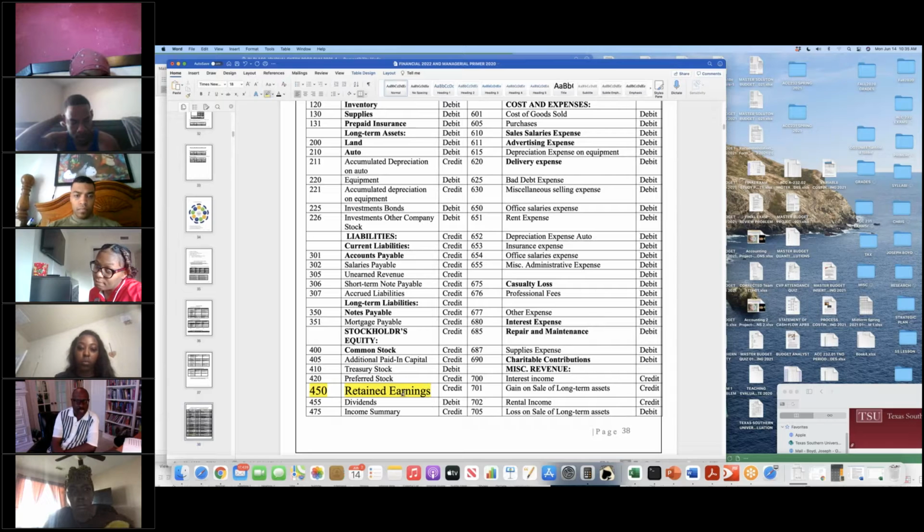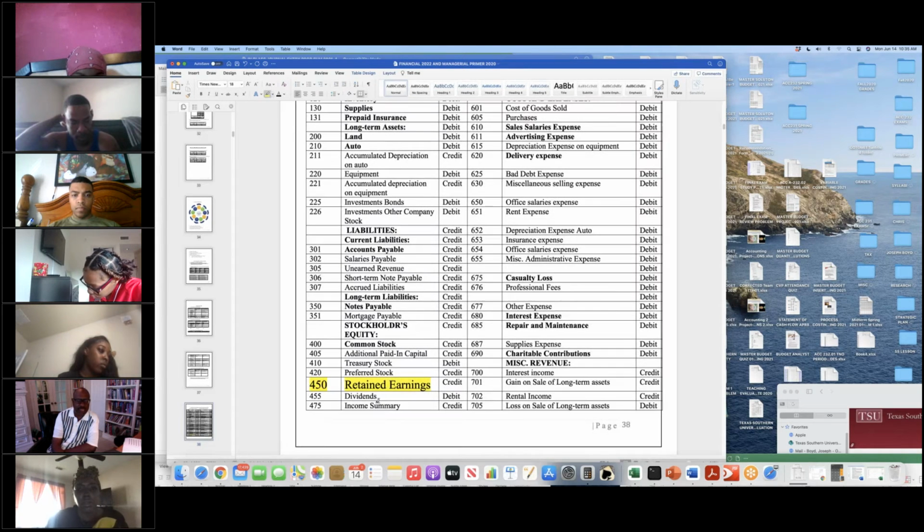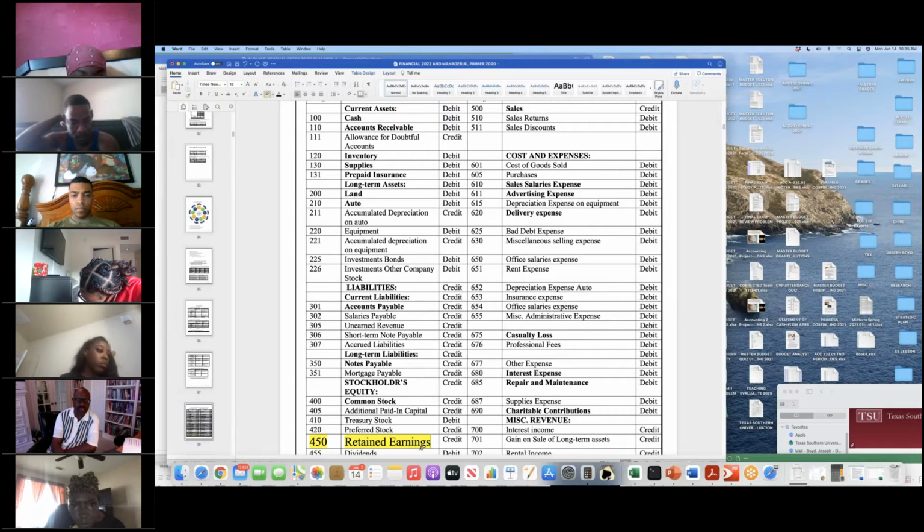So the way to look at retained earnings is the revenue minus the expenses minus the dividends. We put them in separate accounts so we can get the financial statements prepared. And then at the end of the day, we prepare closing entries and close all of these accounts out into retained earnings.